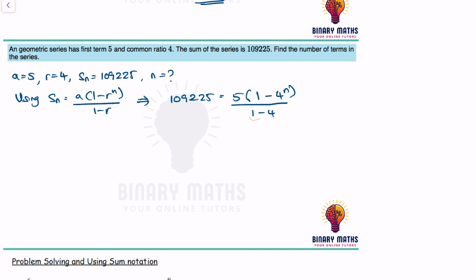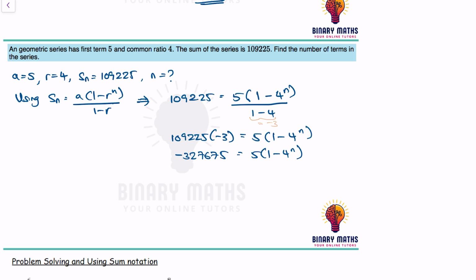So I know the denominator is -3, so I can multiply 109,225 by -3. And that will be equal to 5 times 1 minus 4 to the power of n. In my calculator, I get -327675 is equal to 5 times 1 minus 4 to the power of n.